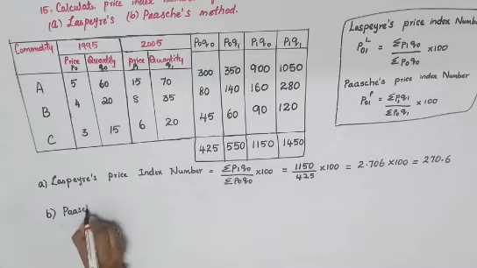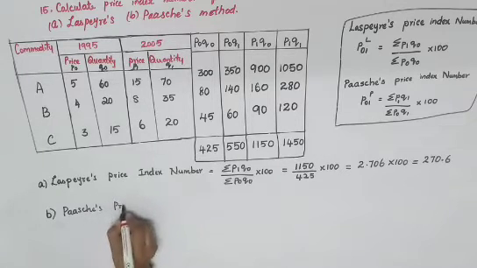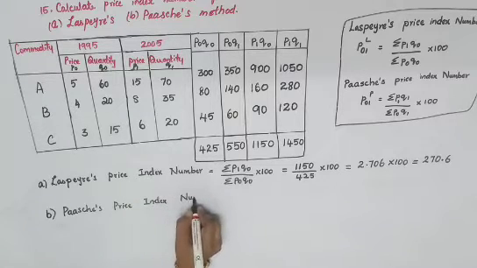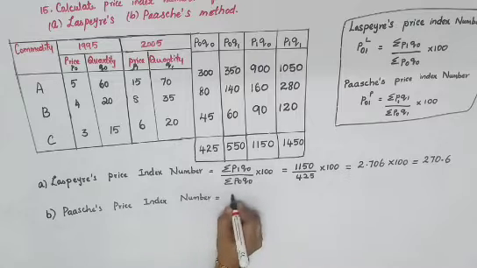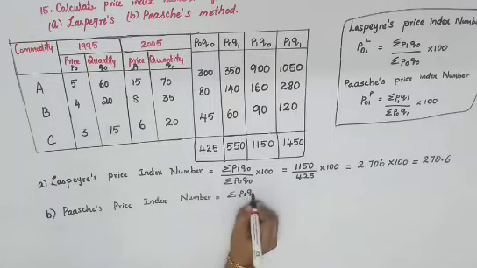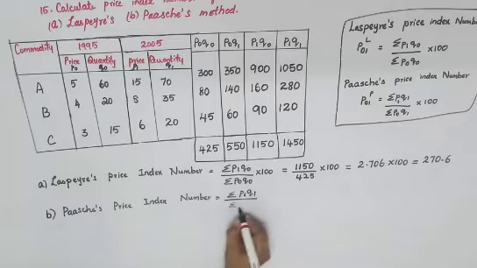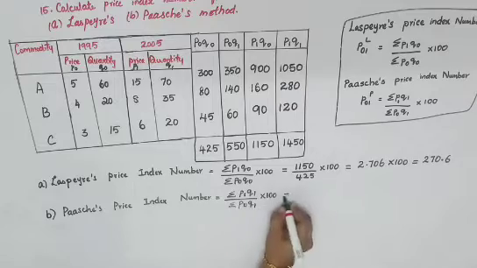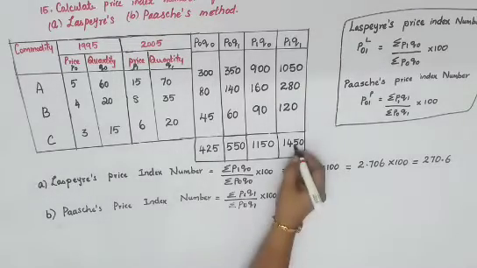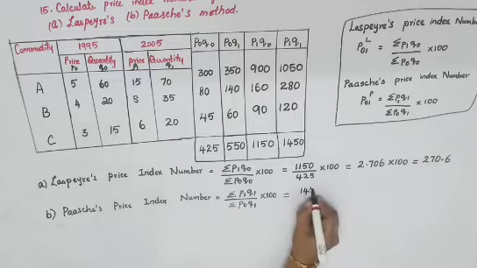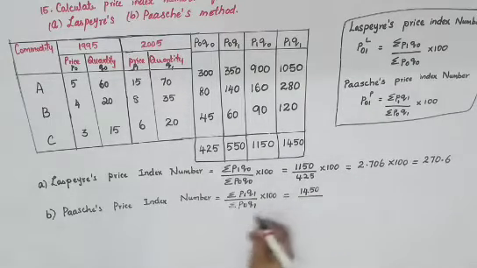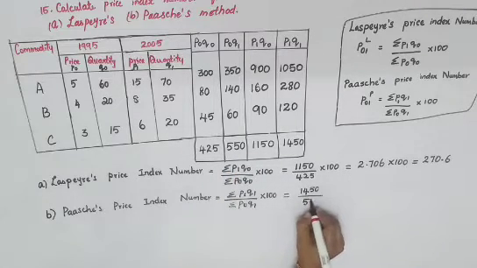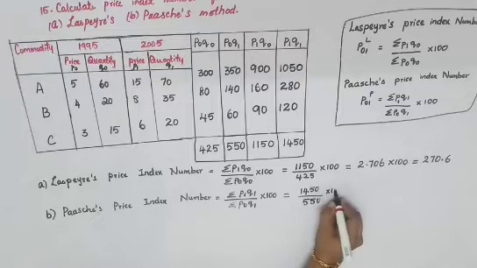Now getting back to your second subdivision, B: Paasche's price index number. Your formula is sigma P1 Q1 divided by sigma P0 Q1 into 100. P1 Q1 we have got in the fourth column, 1450, divided by P0 Q1 in the second column, 550, into 100.